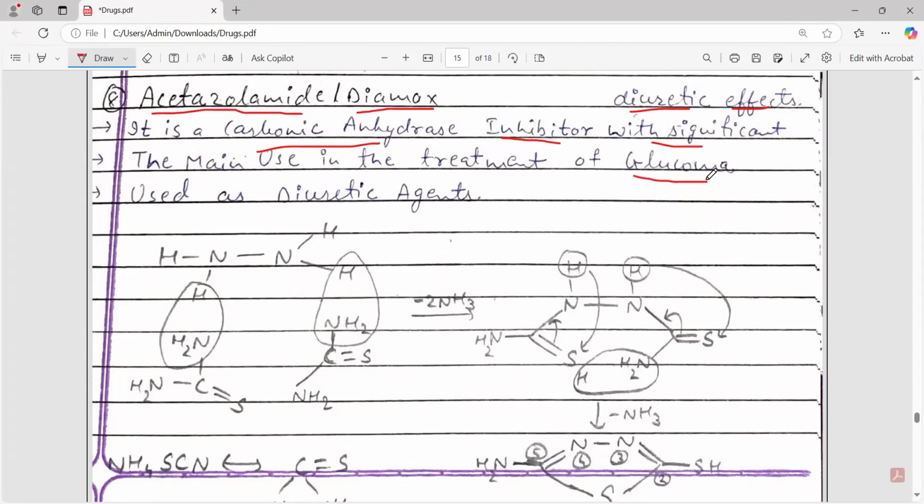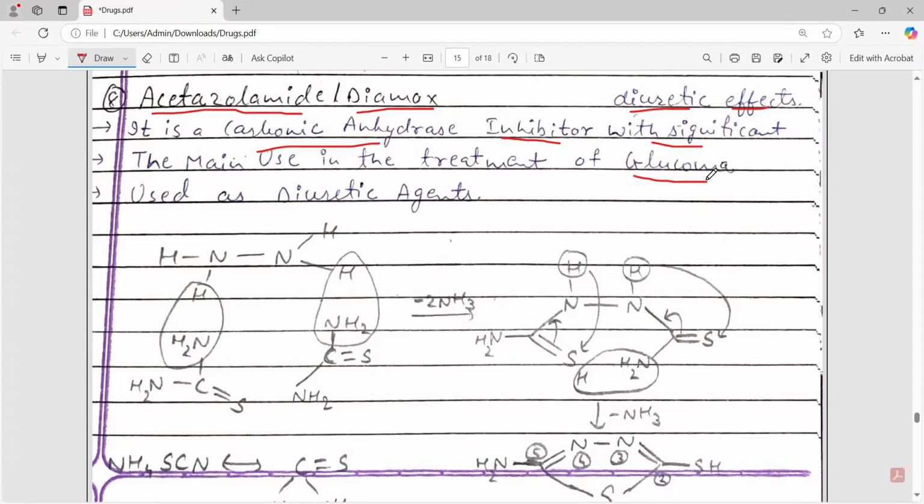You have to remember what the term glaucoma means. Glaucoma is basically an eye disease that causes gradual loss of sight, so it is related to the eye.